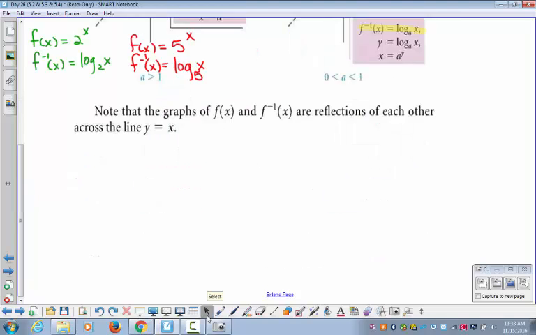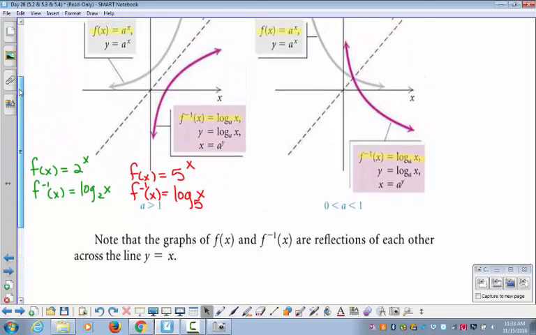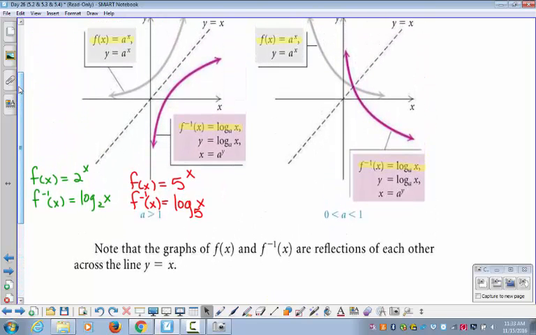Note that the graphs of f and f inverse are reflections across the line y equals x. That's a property of inverses that we've seen in algebra. So in the simplest sense, an inverse is found by reversing the x's and the y's. So that's what we've done.